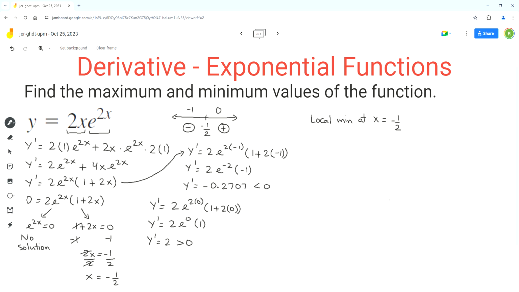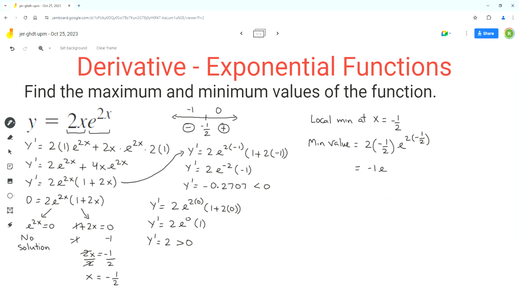So we can find the minimum value of this function by subbing in x as -½ in the given function equation. So I sub in x as -½ in the given function. So 2 times -½ is -1.